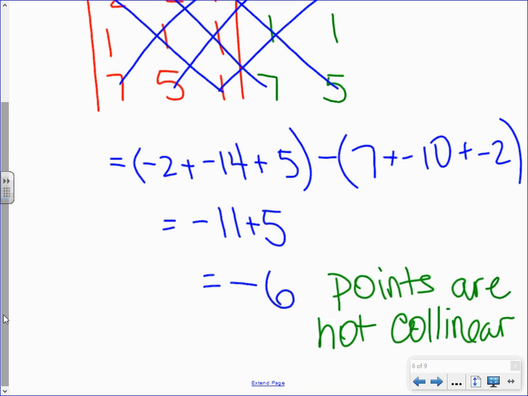Gabe, what would the value be if they were collinear? What would the value be if they were collinear? 0. Last order of business. Okay? If we have 2 coordinates in the xy plane, can we write the equation of a line?